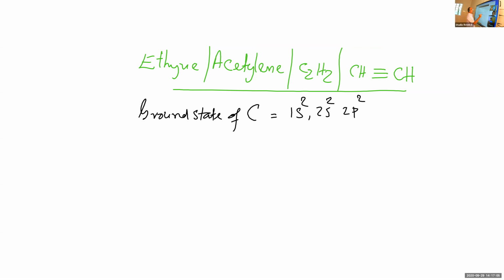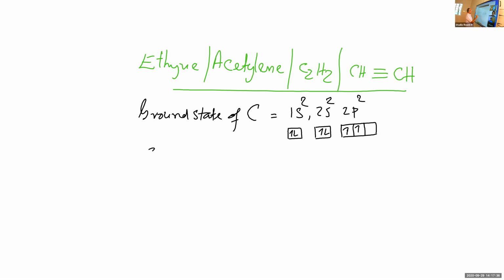You can show the orbitals using boxes, and this is called the box type diagram. 1s has 2 electrons paired. 2s has 2 electrons paired. And in 2p, there are only 2 electrons, distributed like this, 1 electron each, according to Hund's rule.